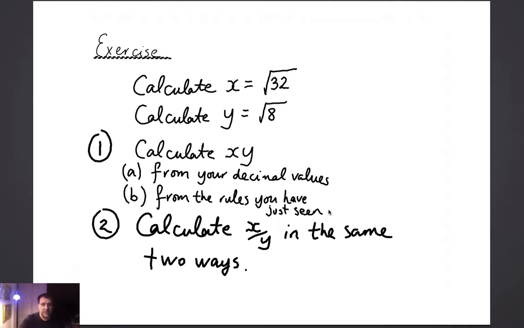And then calculate it in another way from the rules you've just seen. And you should find that those two answers agree with each other. And then in the same sort of way, I want you to calculate x over y, so x divided by y, root 32 divided by root 8. So pause the video and have a go at that before you have a look at the answers.